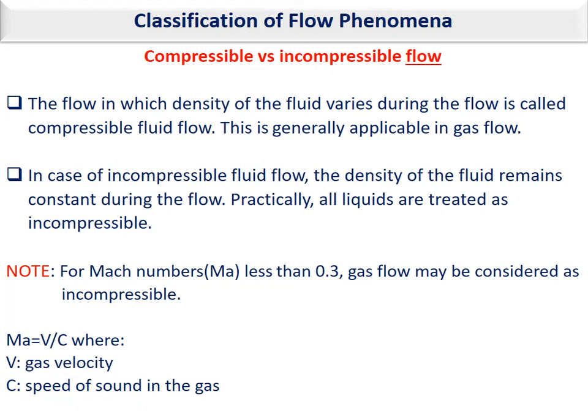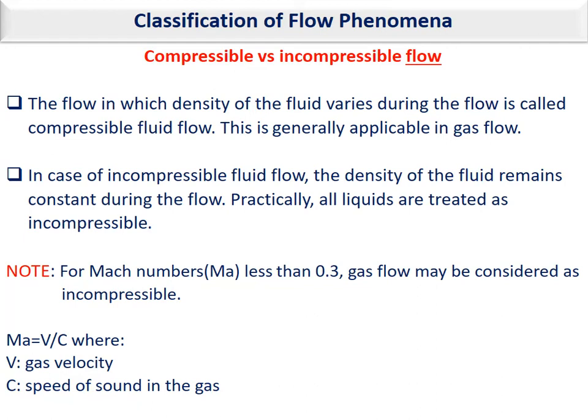If the Mach number, which is, as you can see here, v, or gas velocity, divided by the speed of sound in that gas, is less than 0.3, then the gas flow may be considered as incompressible. By approximation, not exactly, but by approximation.